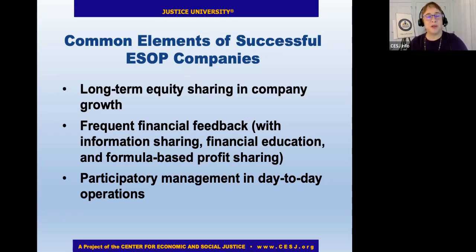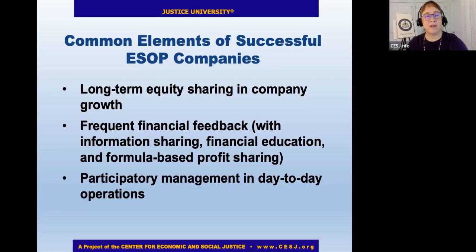And so the three keys that these studies found were essential in terms of really affecting the productiveness of people and the effectiveness of the corporation is they had to have some form of long-term equity sharing so that people have a long-term stake in the growth of the company.